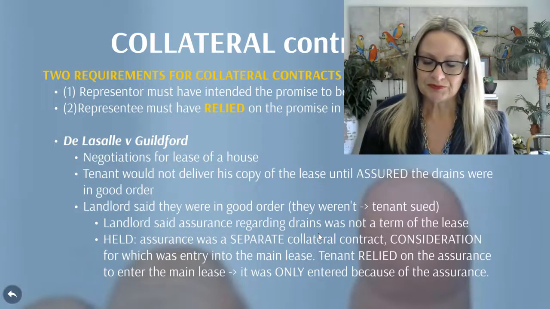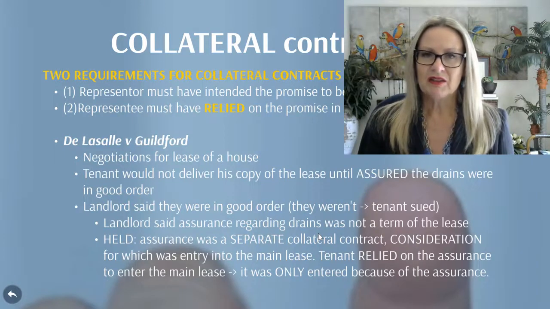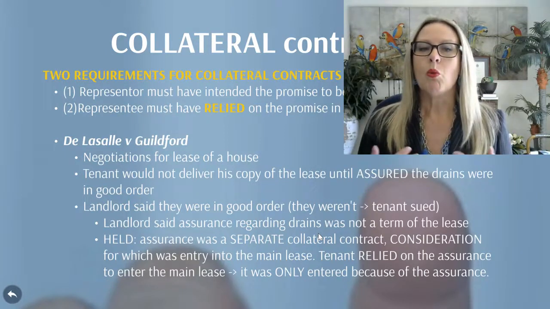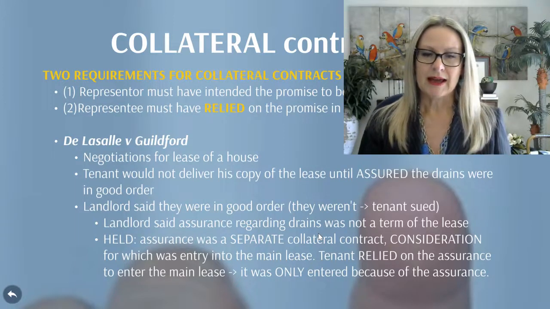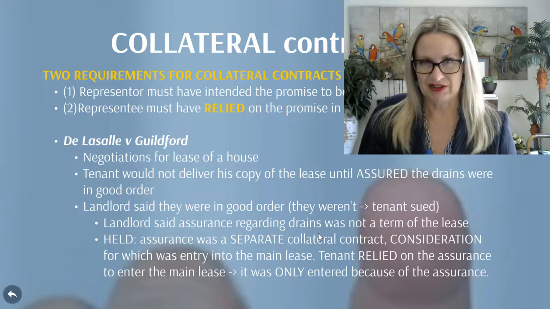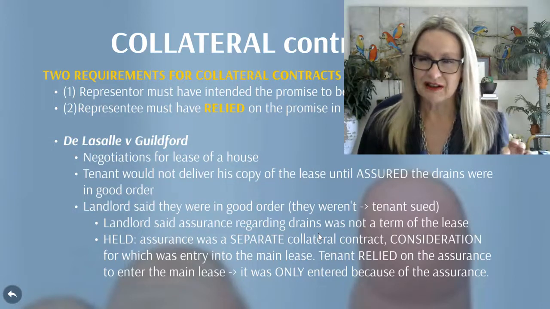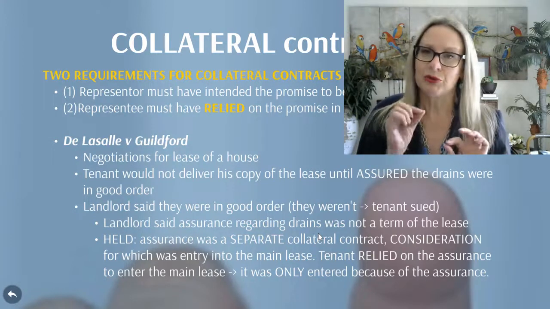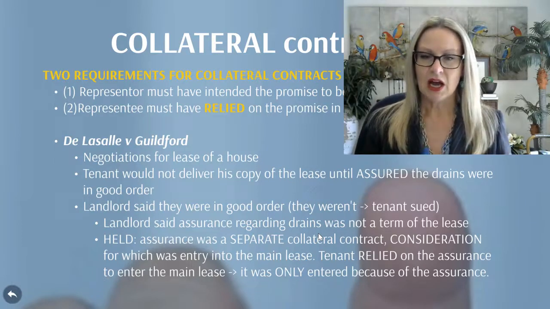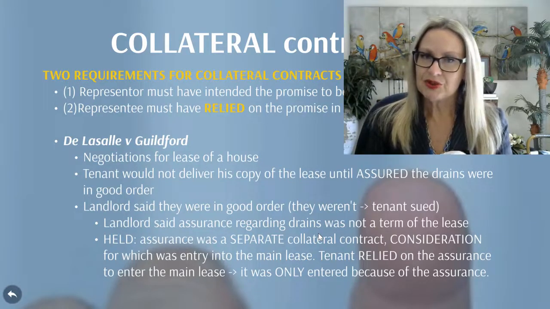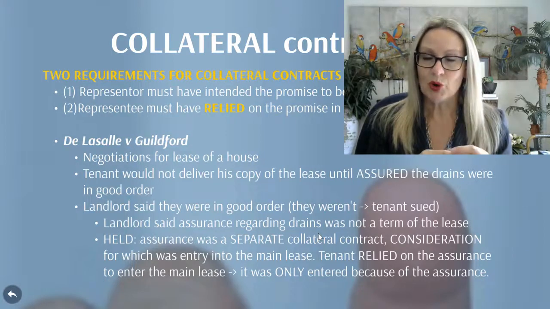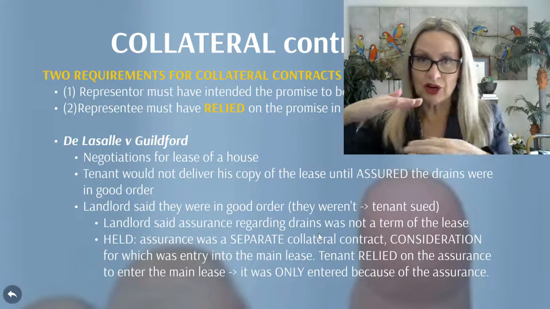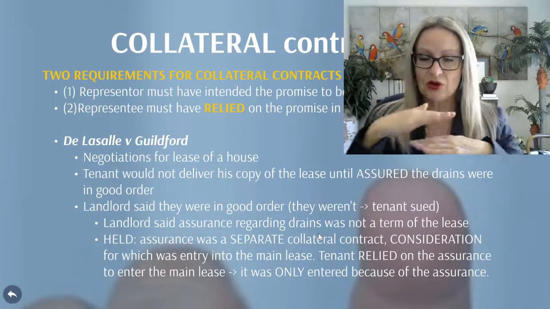The landlord said, well, you can't sue me for damages here because there was never any contractual term warranting that the drains would be in good order. The court said no, actually. Guess what? That verbal assurance that occurred before you signed on the dotted line formed a collateral contract, a separately enforceable contract that floats alongside the main contract.